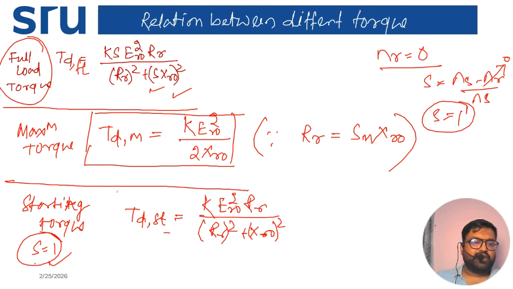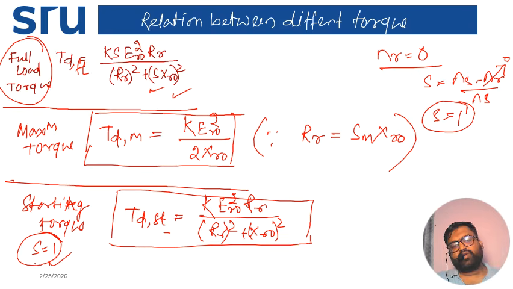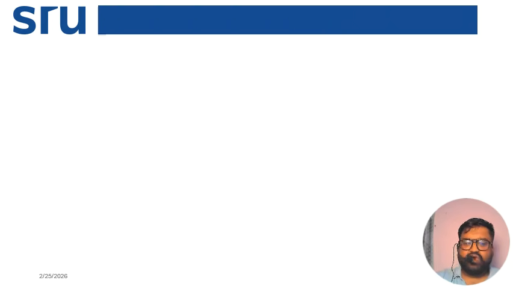This is the starting torque. Now let's see how to find the relation between them. We have to connect all these things. First take the torque developed at full load divided by the torque developed at maximum condition.